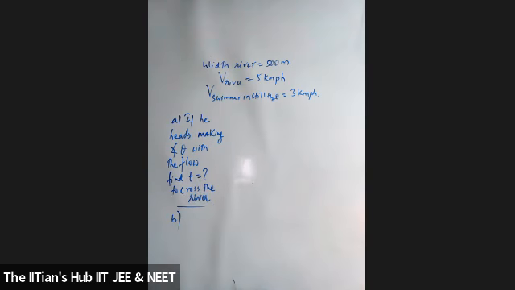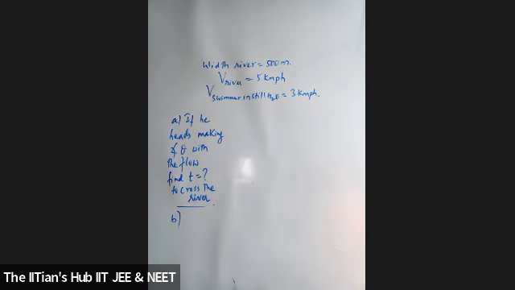Clear, students? A swimmer who wishes to swim across a river, and the width is 500 meter. The river is flowing at 5 kilometers per hour. The swimmer has a speed of 3 kilometers per hour in still water.